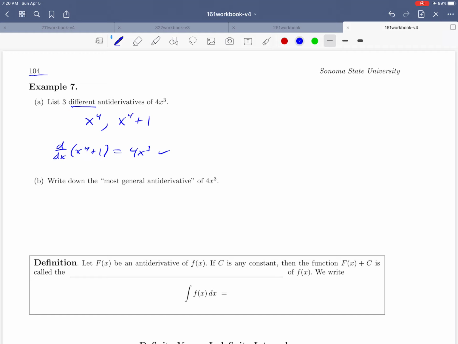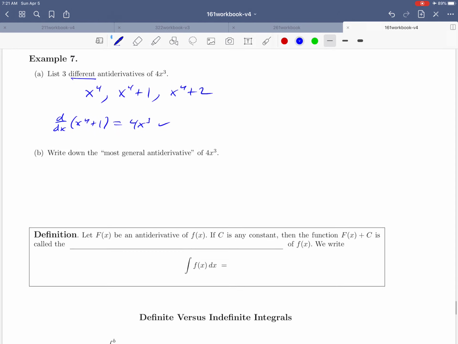Okay, can you think of another antiderivative? How about x to the fourth plus 2? And what you realize is that you can add any constant that you want to the end of this, and we actually get an infinite collection of antiderivatives, one for every constant that you want to add to the end.